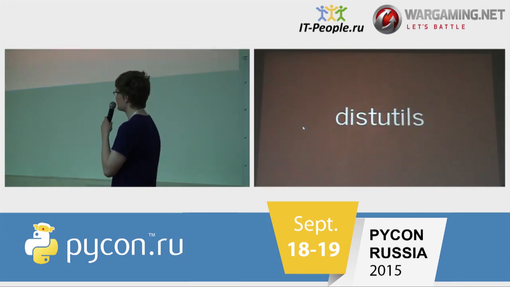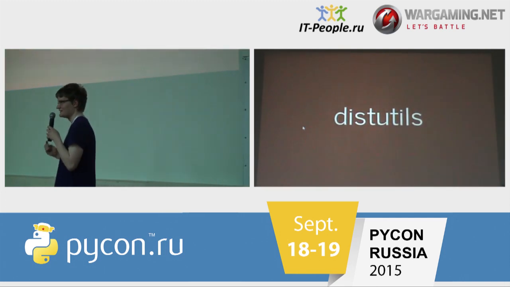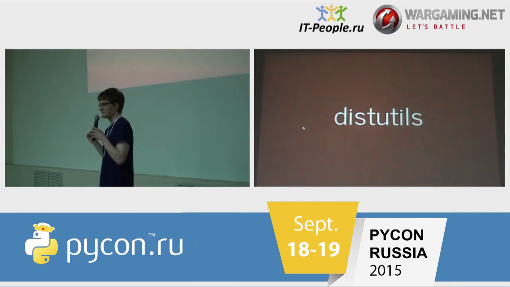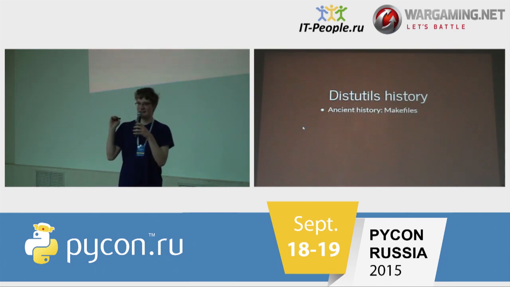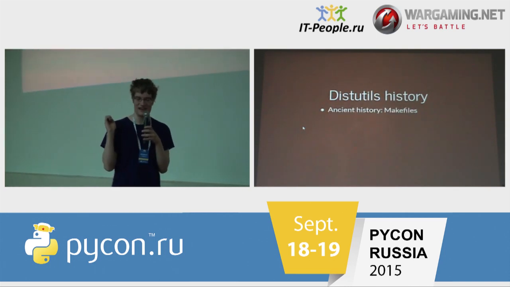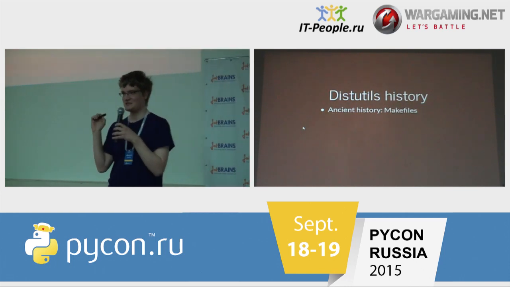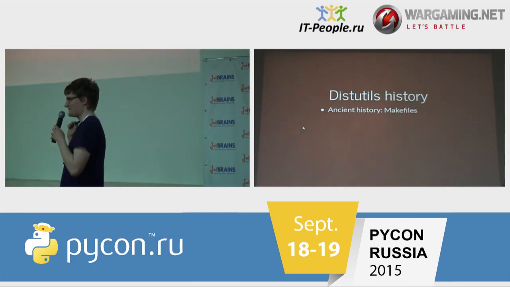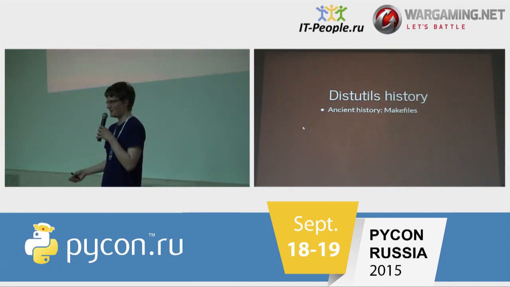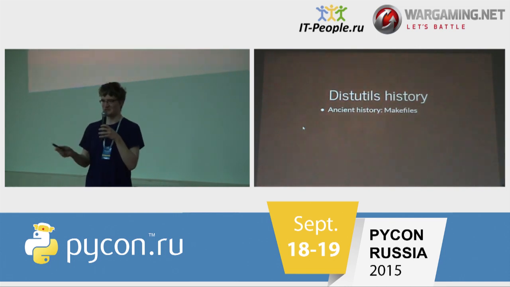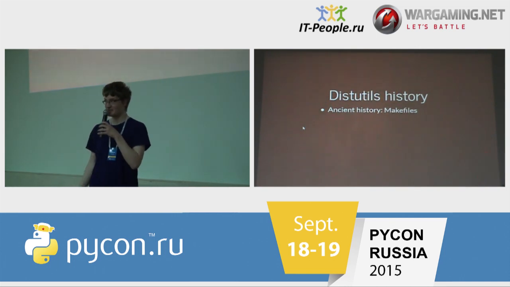Okay, so let's start where it all started, Distutils. Back in the 90s, if you had a Python package which you wanted to distribute, you hoped that it was just pure Python because then you would just put it in a tarball or a zip file and then upload it to your personal web server or source storage.